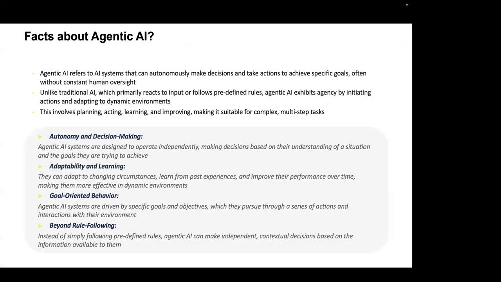Now, why is everyone talking about agentic AI? How can it help us? It helps in autonomy and takes a lot of decisions. It adapts and learns. I have given you the example of the language. It is driven by specific goals and objectives, and instead of simply following rules, it can make independent contextual decisions based on information available to it.